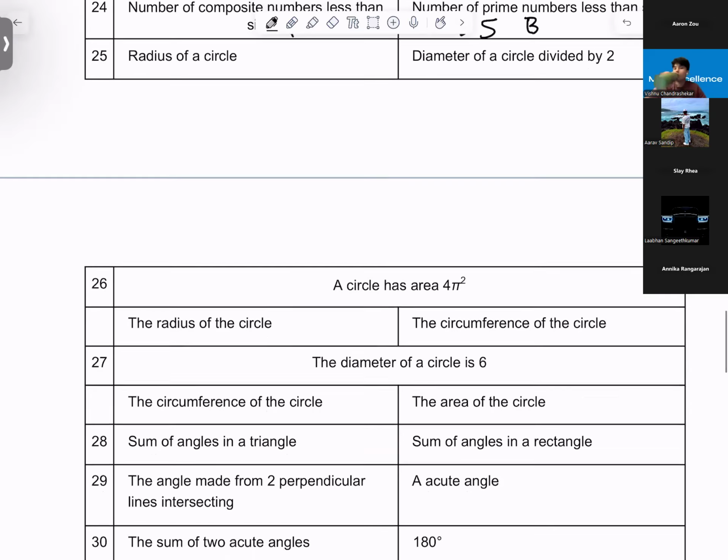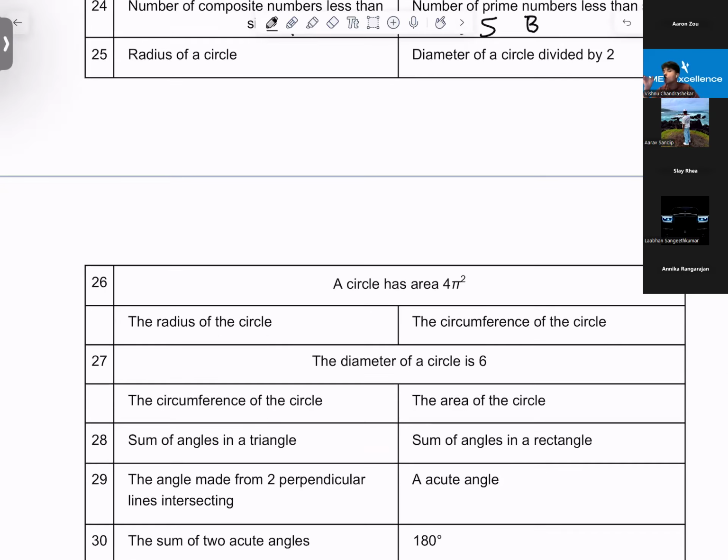All right. Circle has area 4 pi, so this is the area. That's the formula for area.